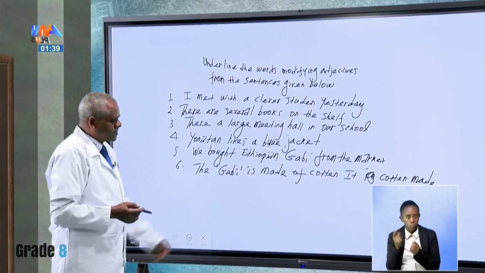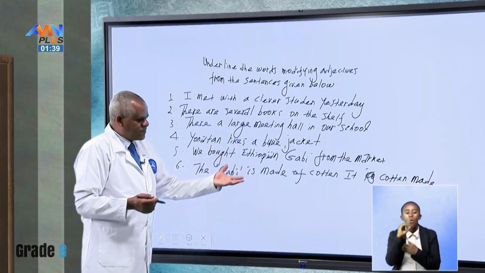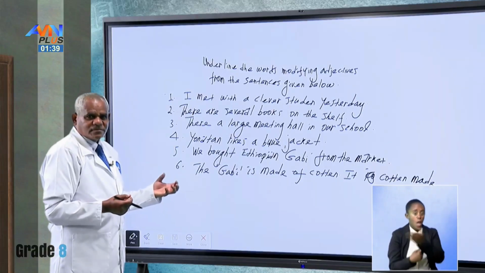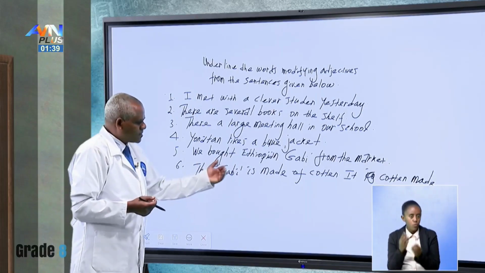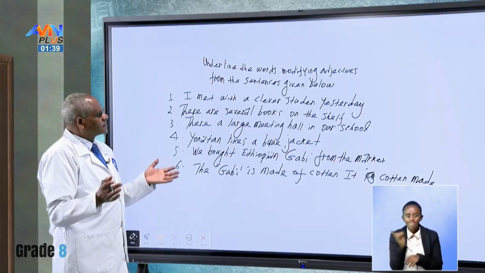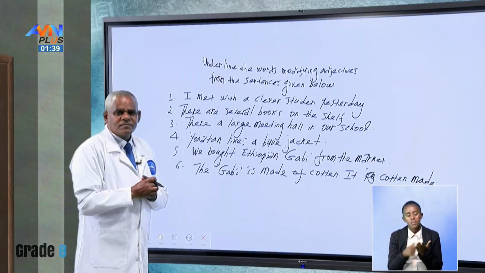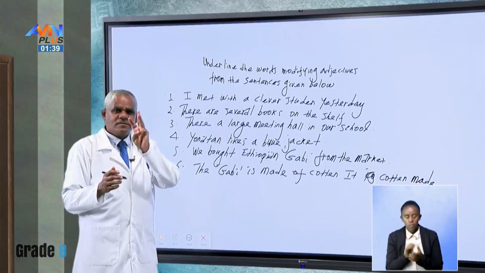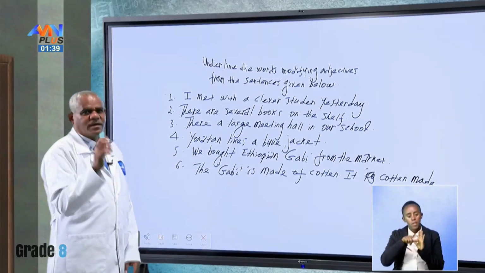In other words, cotton is a kind of material that the gabi is made of. So, you are welcome to come across such kinds of sentences while you are using these adjectives. Let's go and underline. Let me give you 3 minutes in order to underline.